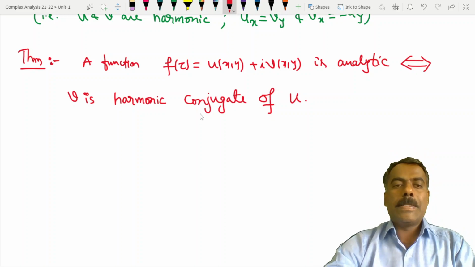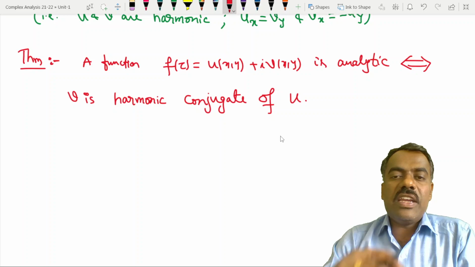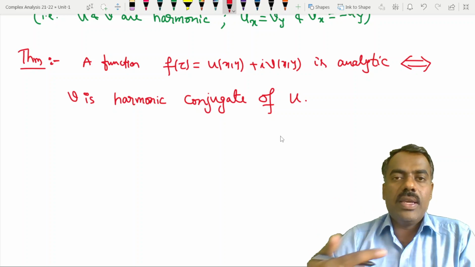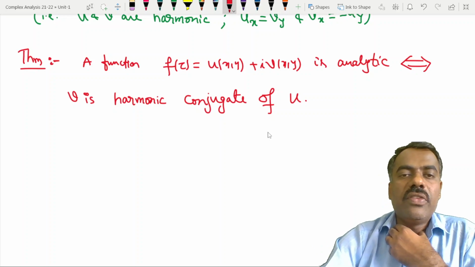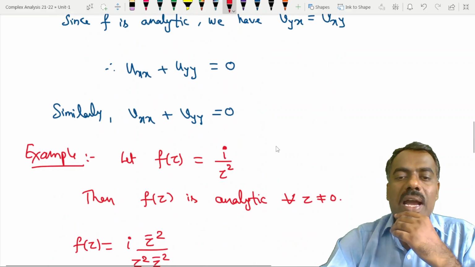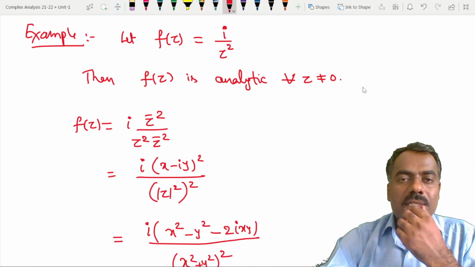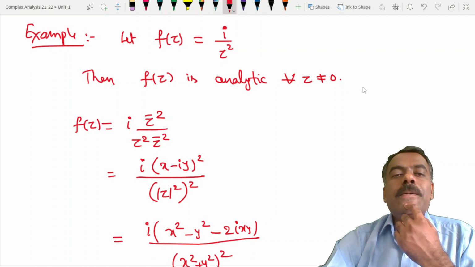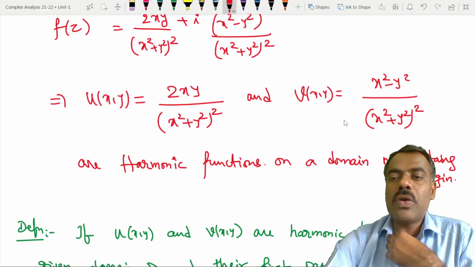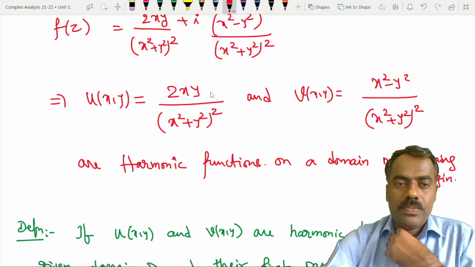Whenever you have an analytic function, we can definitely say that v is a harmonic conjugate of u. Is the statement clear? For example, we have seen f of z equal to i upon z square. It is analytic throughout the domain not containing 0, right? So this v, x square minus y square upon x square plus y square whole square, is harmonic conjugate of u.